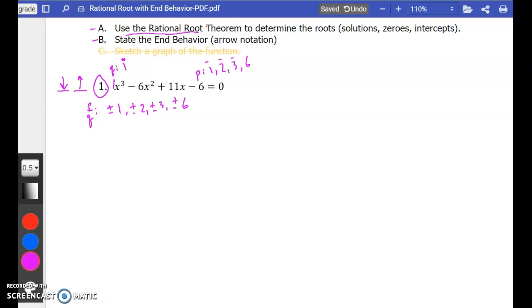So now I need to use those values to figure out which ones might actually be a factor of that. So going into synthetic division, I have 1, negative 6, 11, and negative 6.